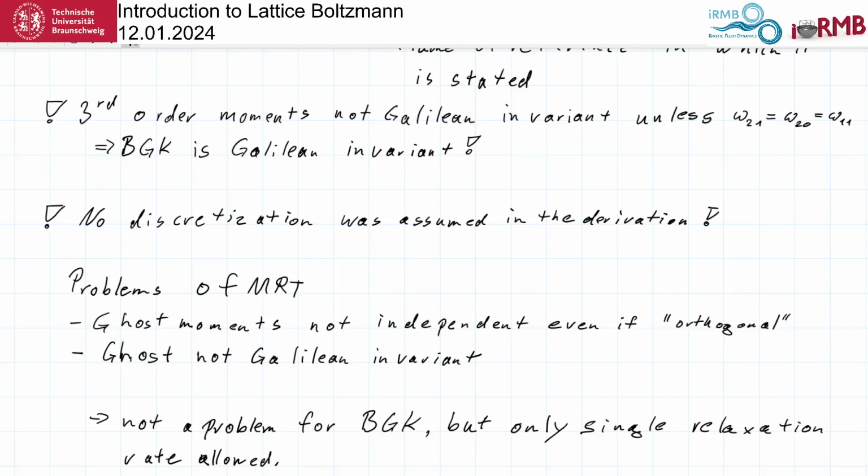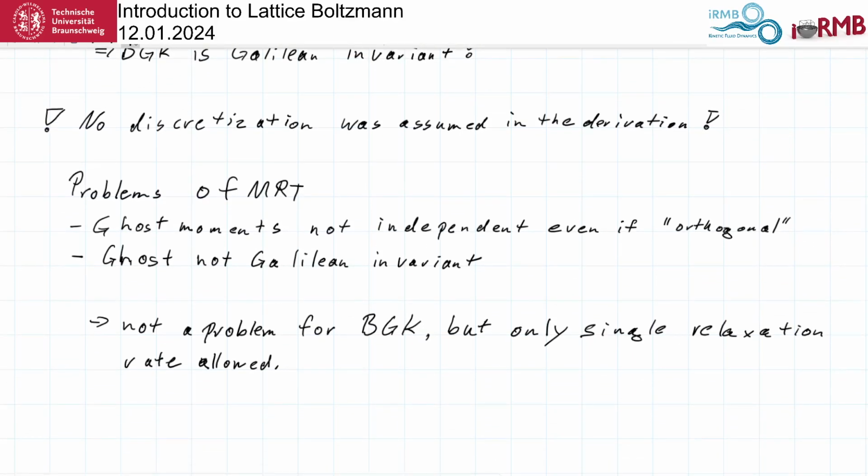So, in fact, you can solve all the problems that we have with MRT in another way by just using different quantities from moments. So the problem is not in general that MRT doesn't work. The problem is that these moments are not the right variables to use in the MRT methods.